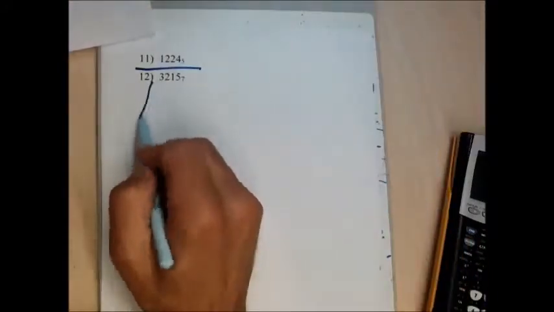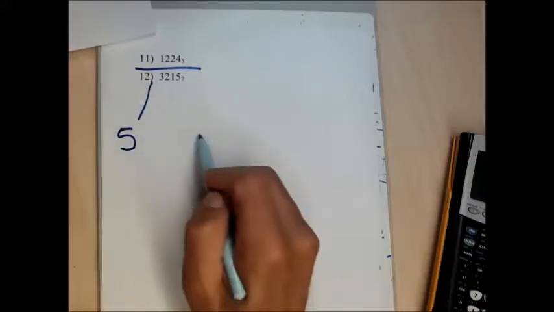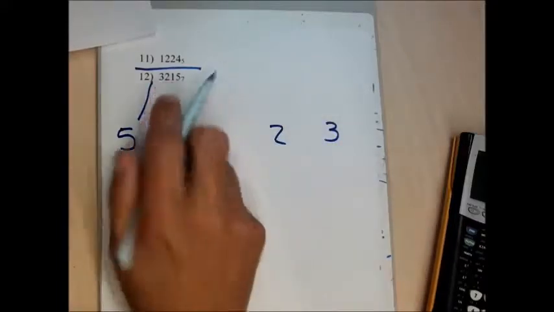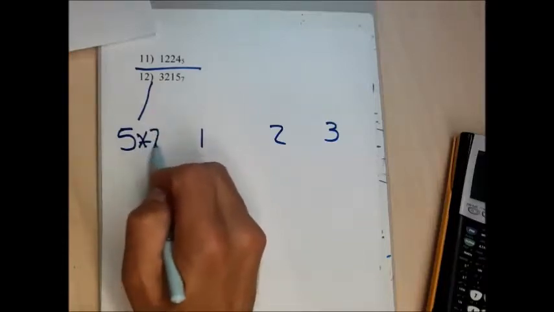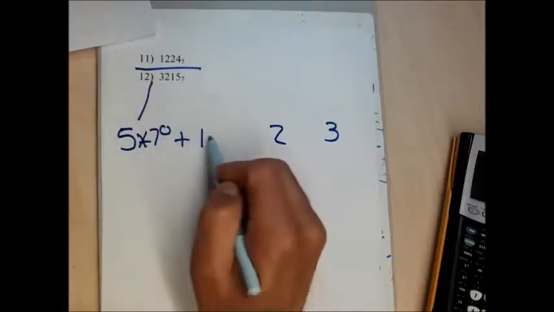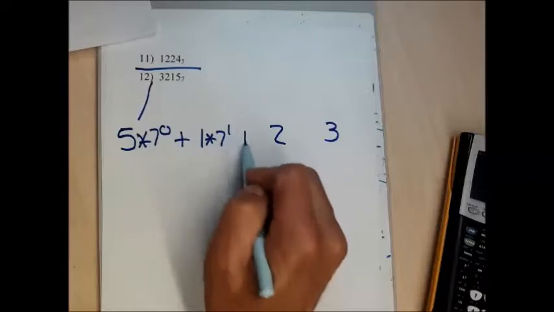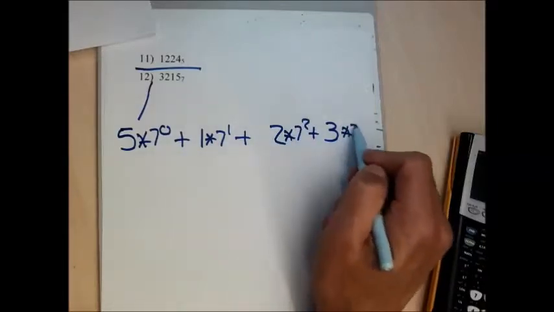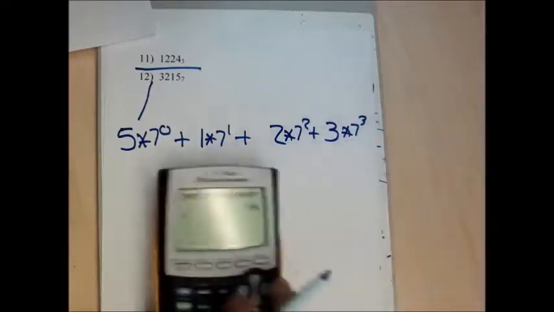When I do 12, I'm going to write 5, 1, 2, 3, which is writing the number backwards, and then times 7 to the 0 plus times 7 to the 1 plus times 7 squared plus times 7 cubed. This is going to be a large number.